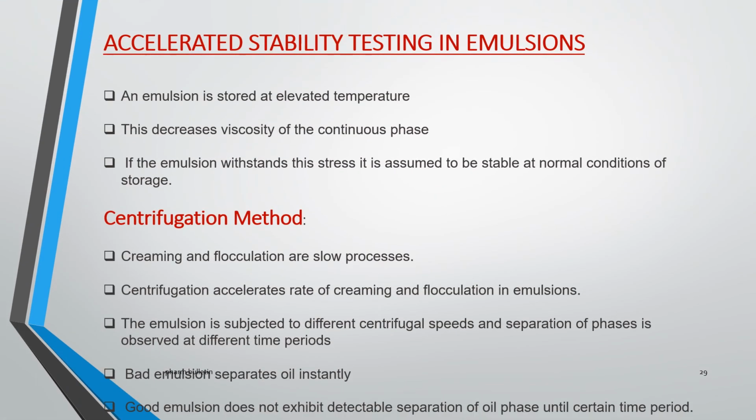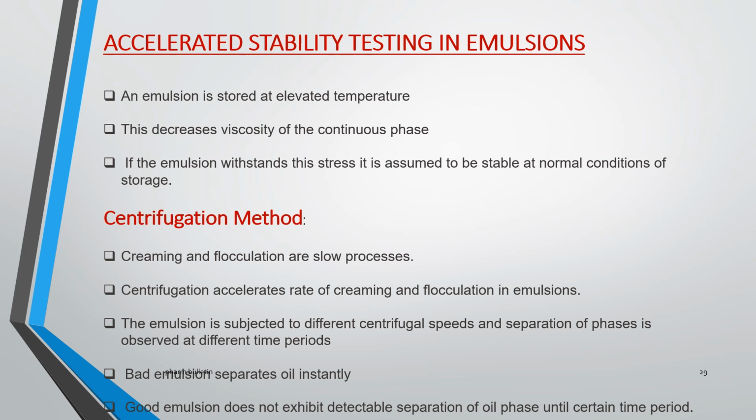Next, accelerated stability testing in emulsion. The emulsion is stored at elevated temperature. This decreases the viscosity of the continuous phase. If the emulsion is able to withstand the stress, no other type of stability testing is needed, because if it withstands the stress we can tell that it is stable at normal conditions of storage.